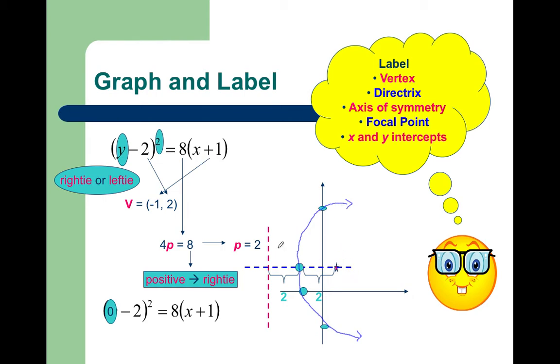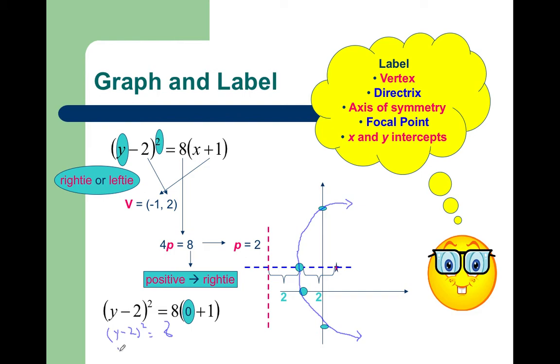All right, so you already have all those labels. So I put 0 in for x and solve. Don't square this out. Y minus 2 squared is equal to 8 times 1, which is 8.